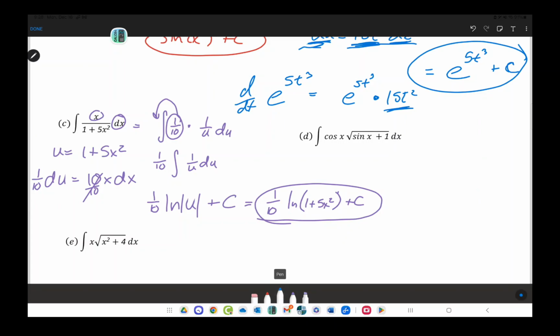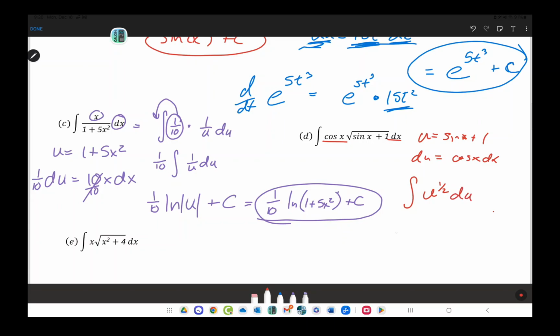So what would you want to substitute u in for here? Sine x plus 1. That means du would be cosine x dx. So I get the integral of u to the 1/2, which is easier than square root of u, du.